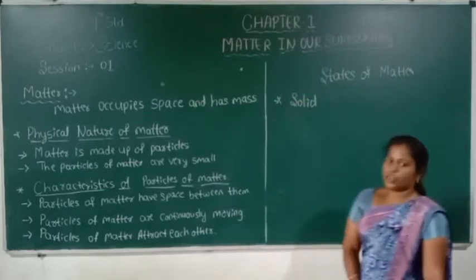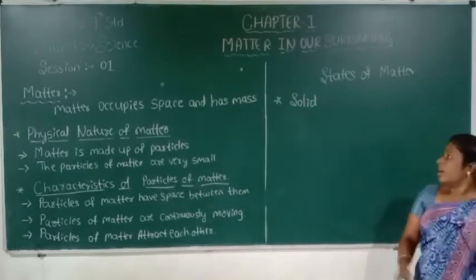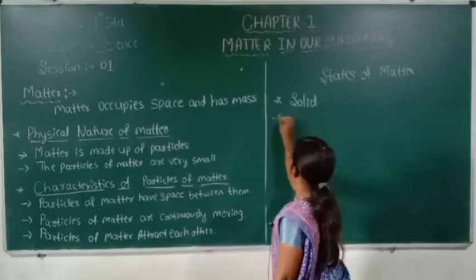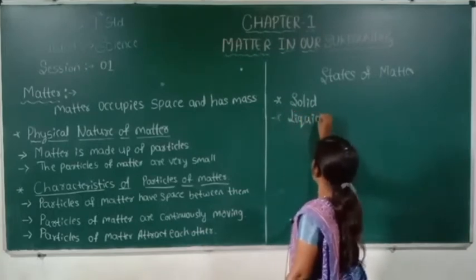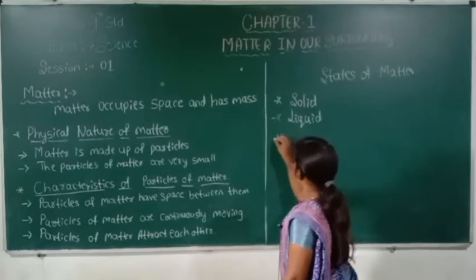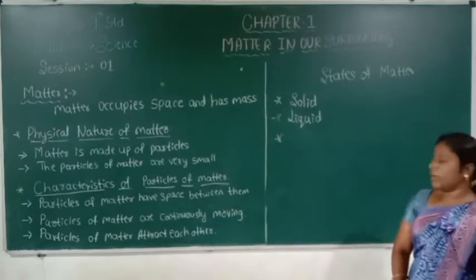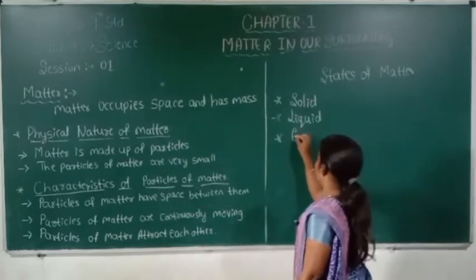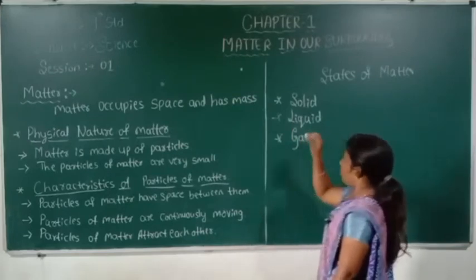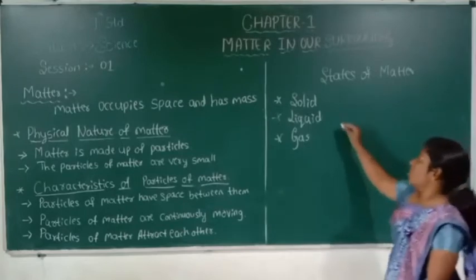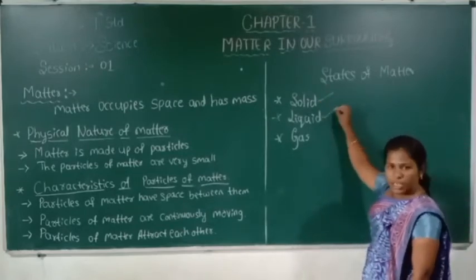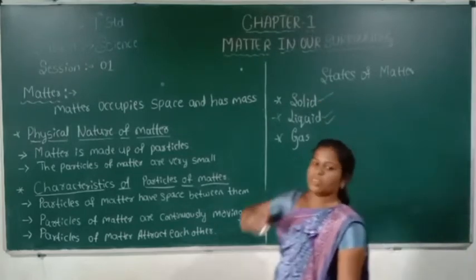The first state of matter is solid, the second state of matter is liquid, and the third state of matter is gas. First one solid, liquid and gaseous state.